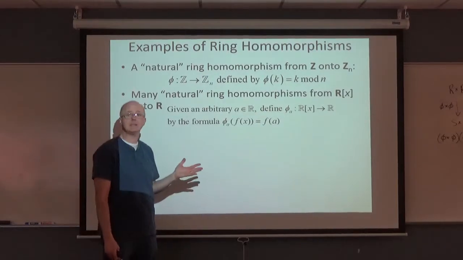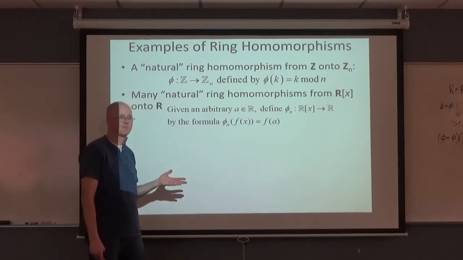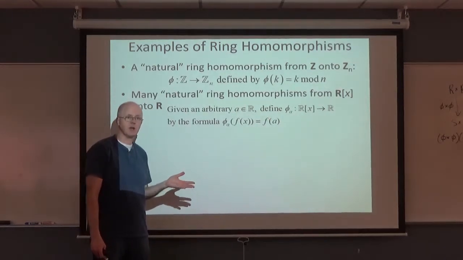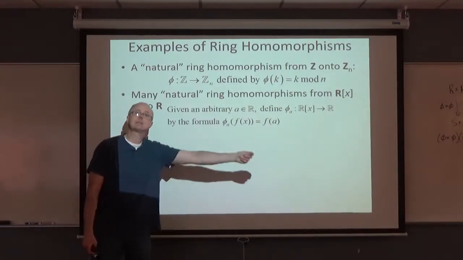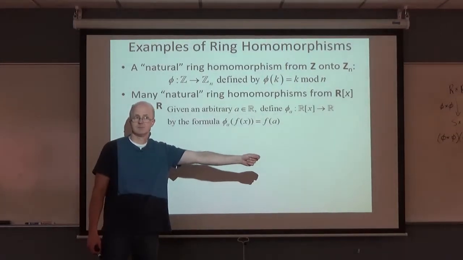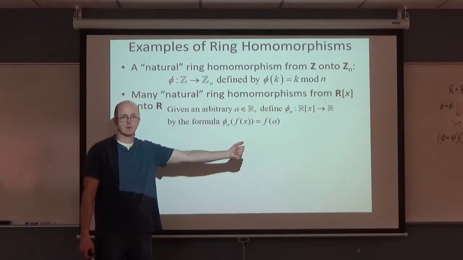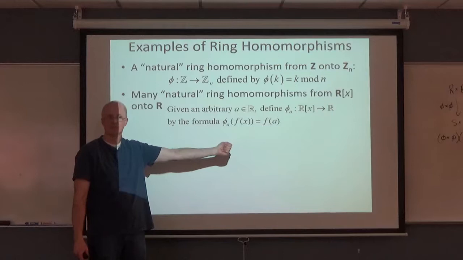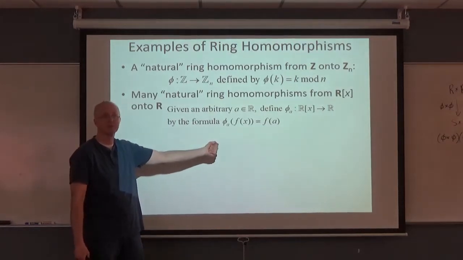If a happens to be 0, by the way, that might be the most important one of these, then you're going to find f of 0, which is the same as the constant term in the polynomial. So perhaps the most important special case is when a is 0. But this works for an arbitrary a as well.